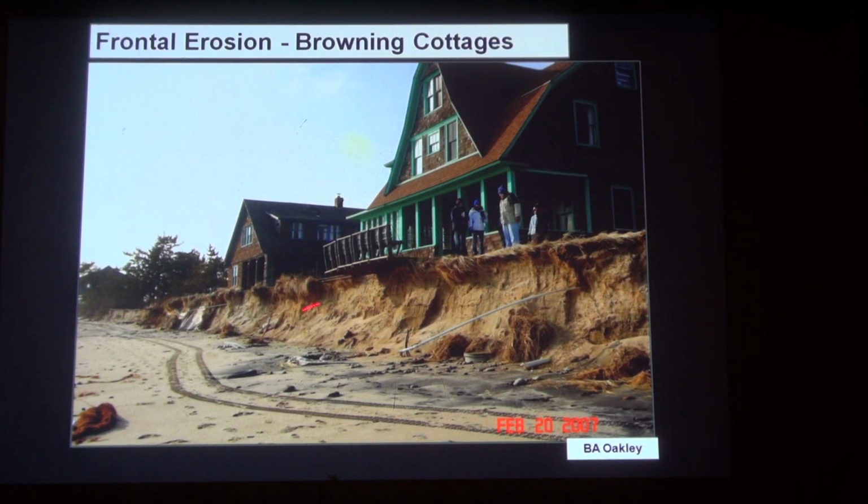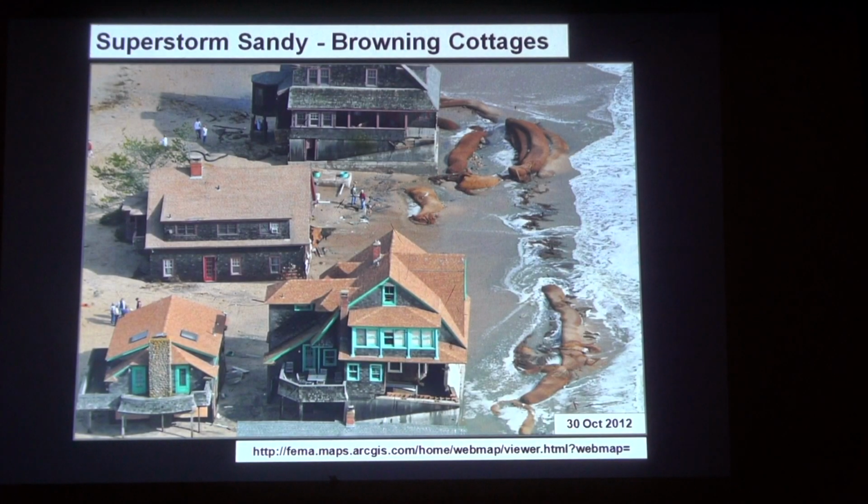But the shoreline's going away. And so actually, by the time of Superstorm Sandy, the Browning Cottages were pretty much devastated. These coconut logs filled with sand were a soft structure attempt to protect, and they protected against moderate storms, but Sandy was too big.